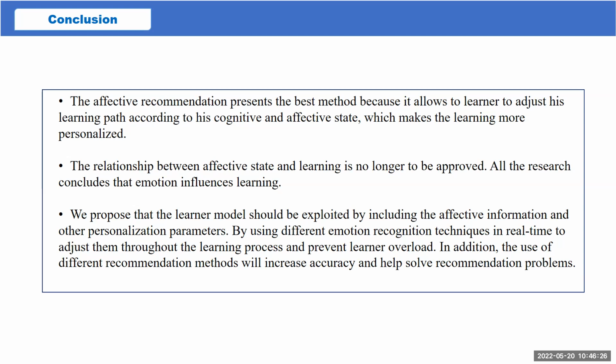Then we proposed that the learner model should be exploited by including affective information and other personalization parameters, using different emotional recognition techniques in real time, and adjusting them throughout the learning process. In addition, the use of different recommendation methods will increase accuracy and help solve recommendation problems. And thank you for your attention.